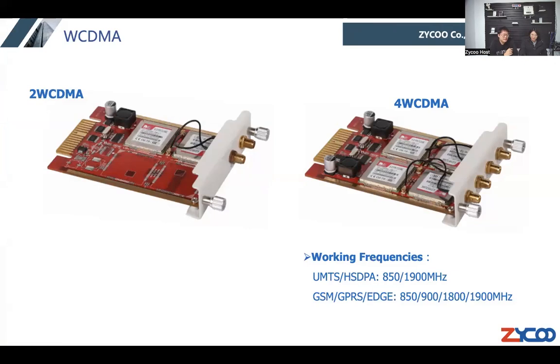And the next page shows our WCDMA module, including the two WCDMA module and the full WCDMA module, which means our two WCDMA can support two SIM cards and four SIM cards in the full WCDMA, and they both support the 3G network frequency.